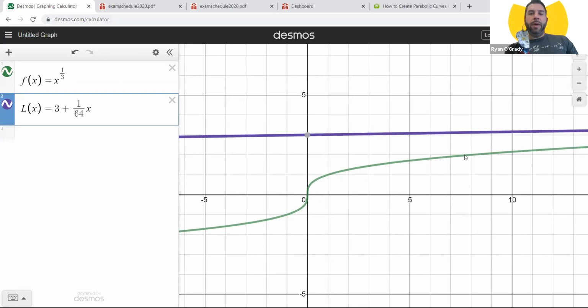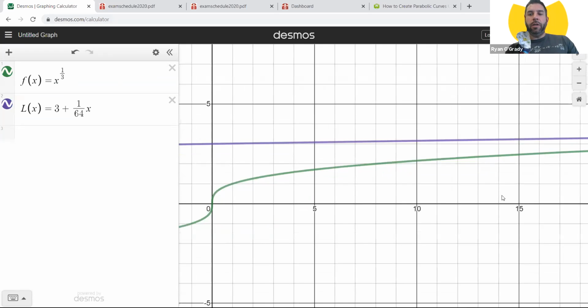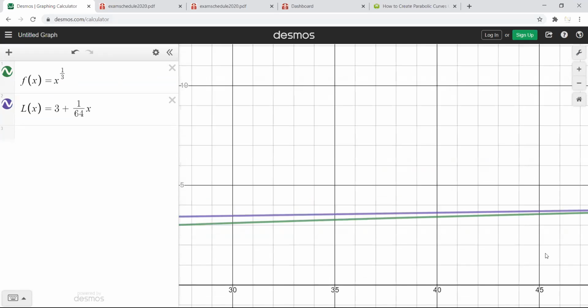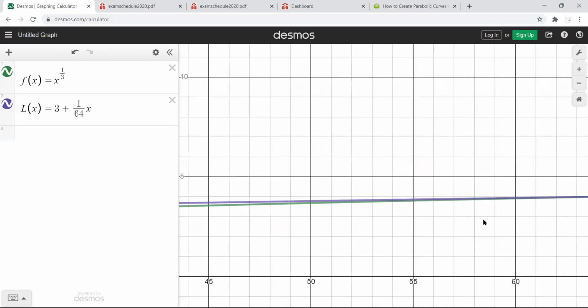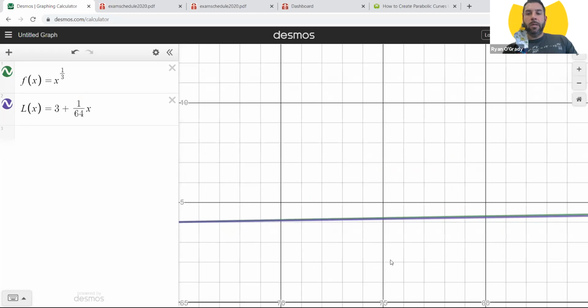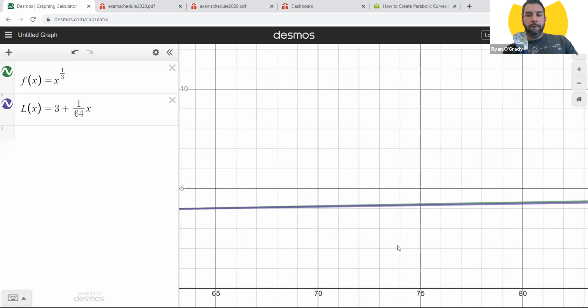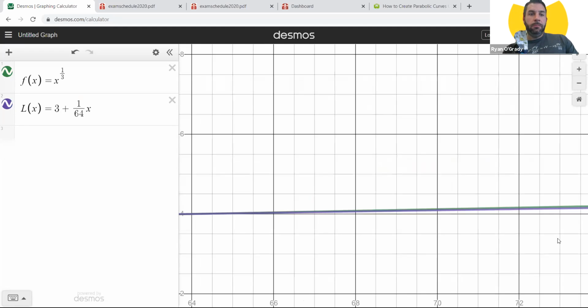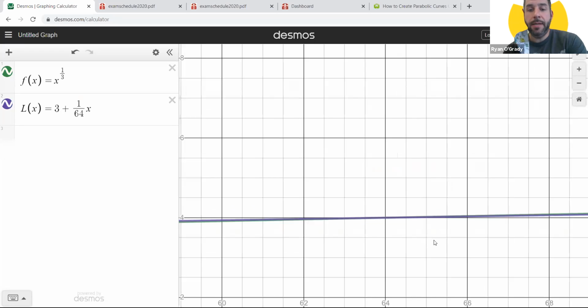It looks bad here, but if you start getting out towards the point we're interested in, which is 64, you see that the green and purple look pretty close now, do they not? And that's if we didn't make an error. Did we make an error?